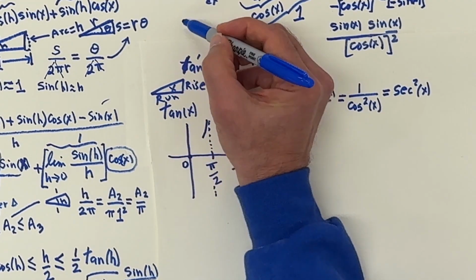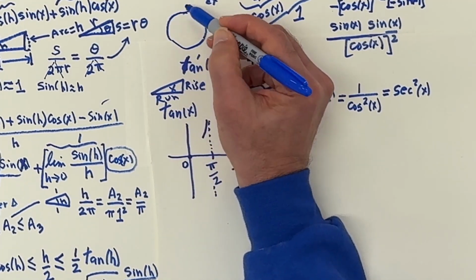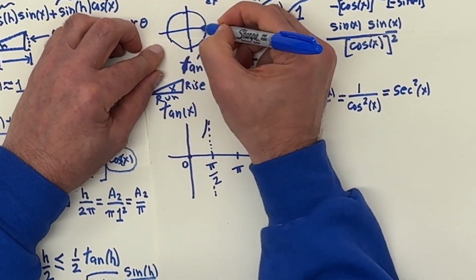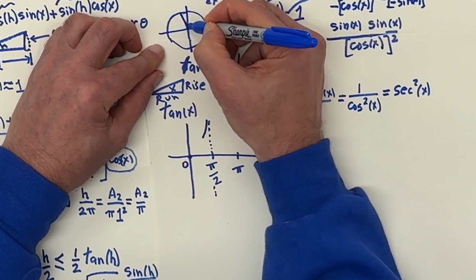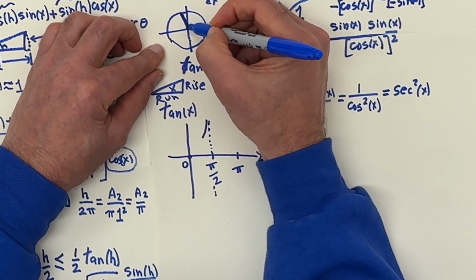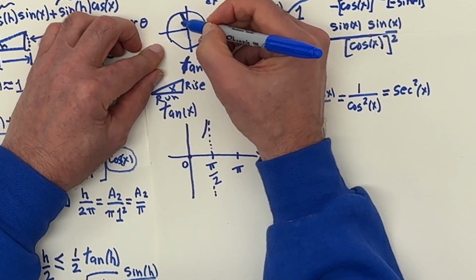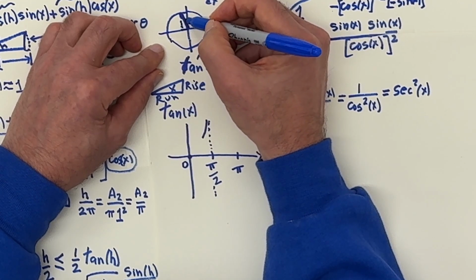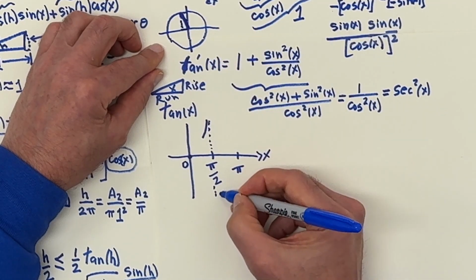Then when you have this circle here, and you're looking at, say, going beyond that. So now when you look at your rise over your run, you're basically going backwards. So you have a negative infinity. That's going to be way down here.